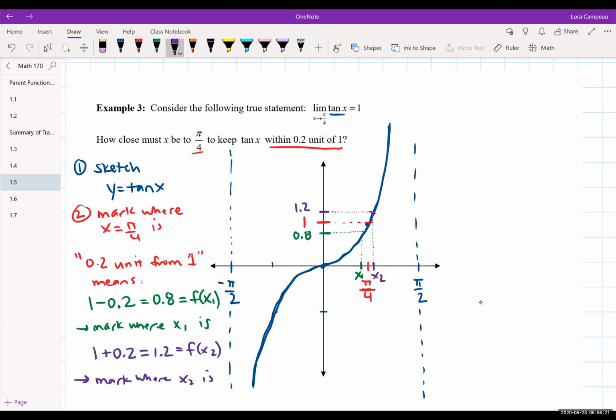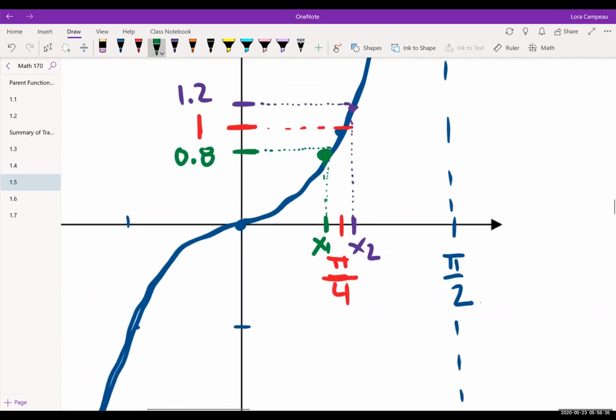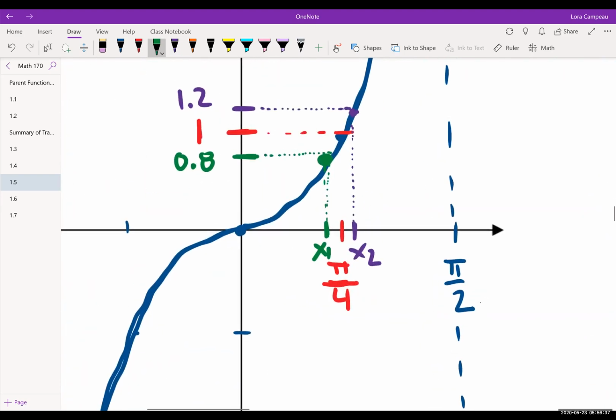Now, if I can do this a little bit nicer, let me see if I can mark this. Remember the 0.8, it looks like it's here, and we're marking down. It's very subtle, but again, our goals are going to be to figure out what's the distance from the x1 to the pi over 4, and what's the distance from the x2 to the pi over 4.